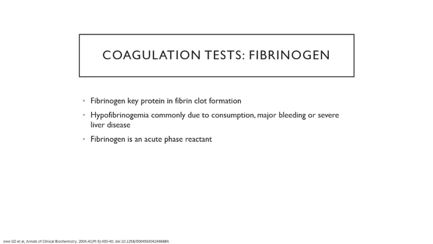This process is essential for hemostasis, preventing blood loss and facilitating wound healing. Fibrinogen also plays roles beyond coagulation, including cell adhesion, inflammation, and wound healing. Hypofibrinogenemia, commonly due to consumption, major bleeding, or severe liver disease, can lead to major bleeding disorders.